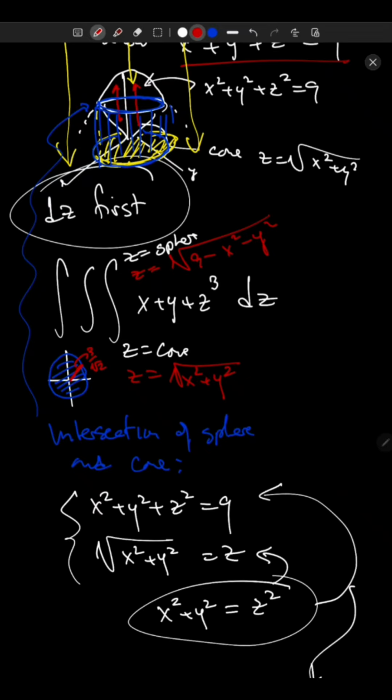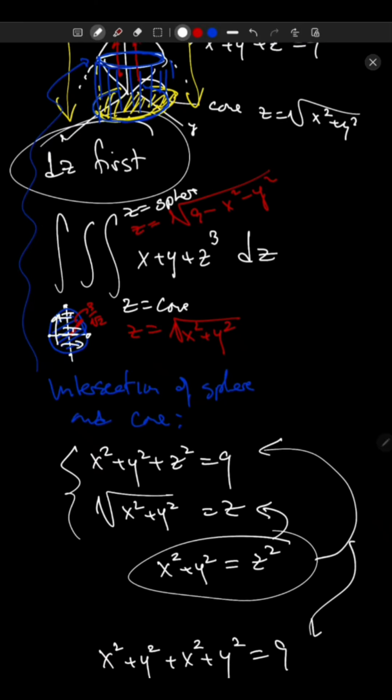As usual, you can set this up however you like. Doing dy dx means we're doing vertical integrals first, and we would go from here to there for our x coordinate. If we want to do dx dy, then we would be doing horizontal integrals from down here to up there. I'm not going to set the rest of this up.